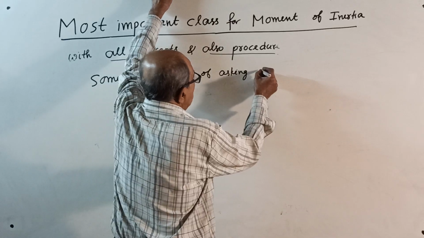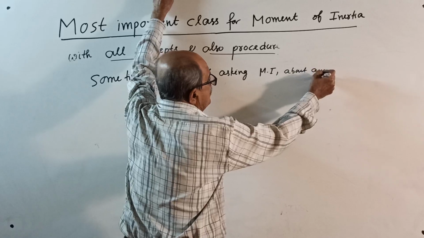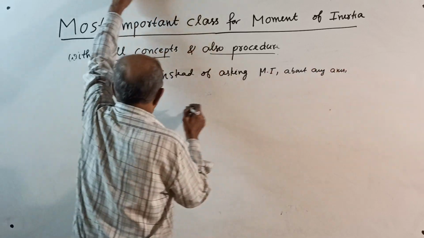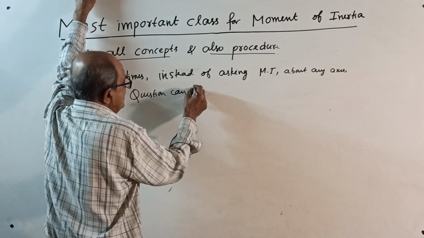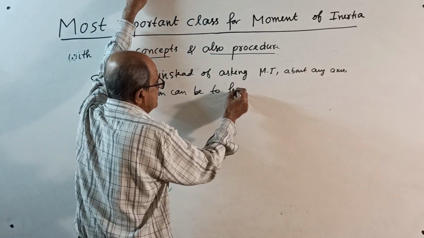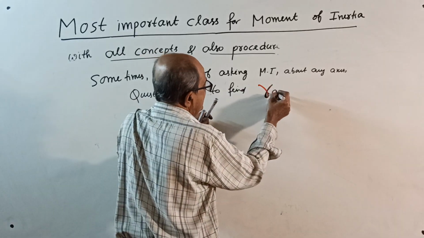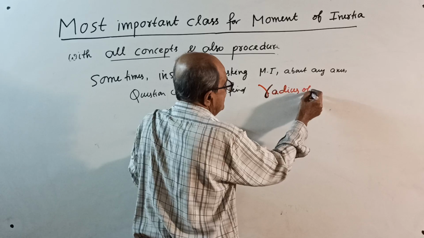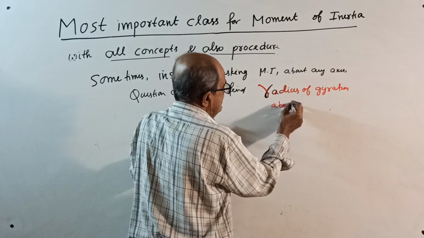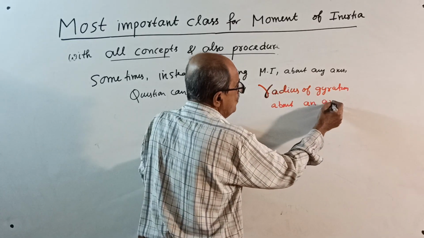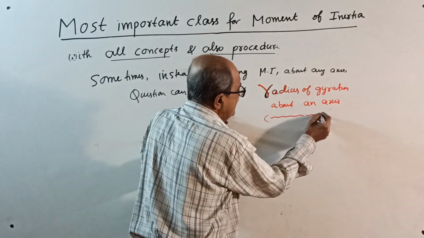Instead of asking moment of inertia about any axis, the question can be to find radius of gyration about an axis, any axis. Right here, it can be a centroidal axis or any random axis.